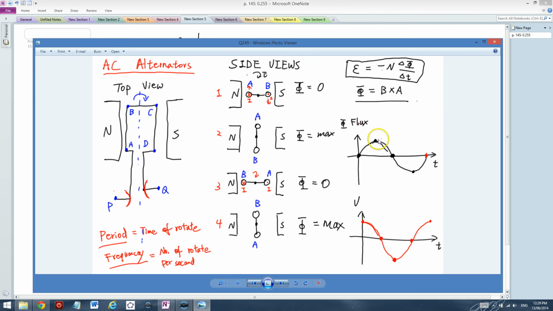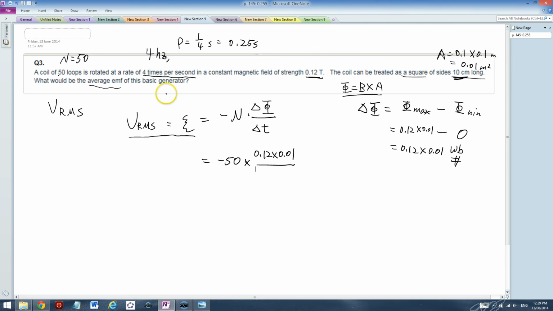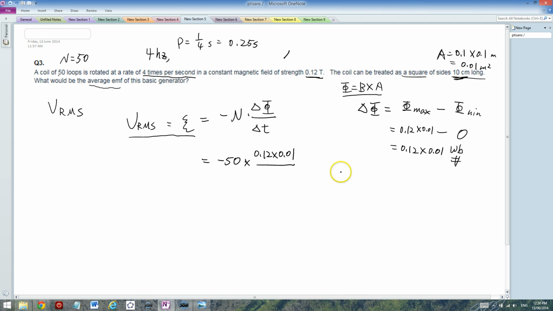It's a quarter of a period. So the change in time when we're dealing with an AC alternator is always a quarter of the period. So it's 0.25 divided by 4, which is 0.0625 seconds. Then put it in.